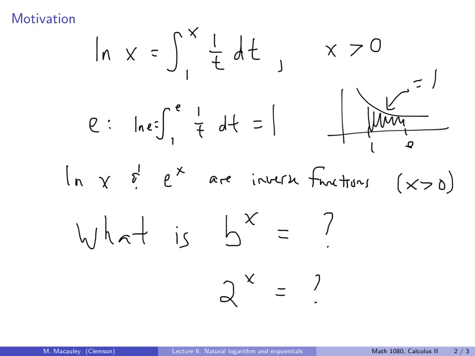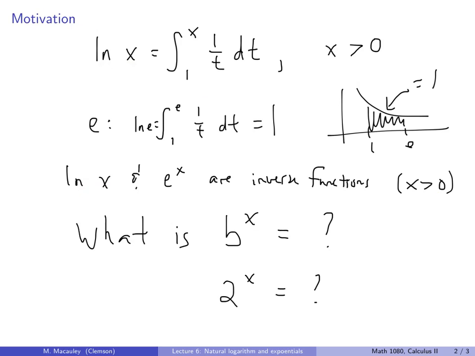If x is equal to 2, 3, 4, or any integer, you know how to answer that. If x is any rational number, you know how to do that using powers and roots. But what if x is equal to, oh, I don't know, the cube root of 3, or pi to the 5th, or something silly like that? How do you even define that?